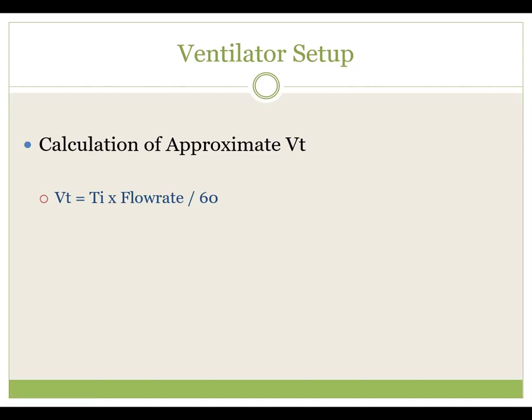A good example: you have your inspiratory time set at 0.4 seconds per breath, and your flow rate is 8 liters per minute. We have 0.4 times 8 divided by 60, which is 0.053333 liters per breath, or 53 milliliters per breath.